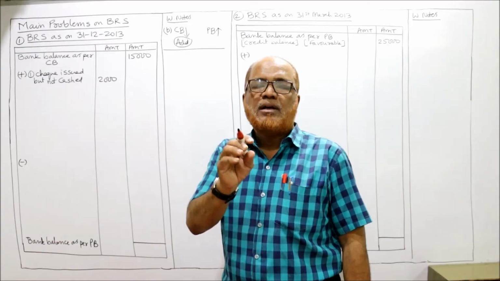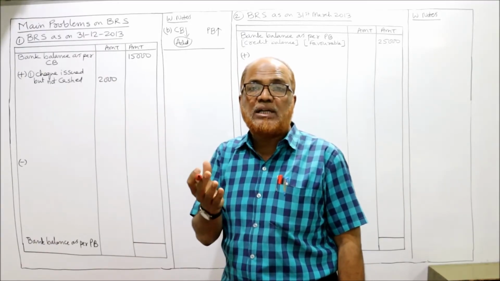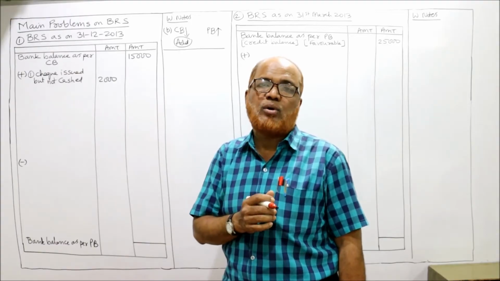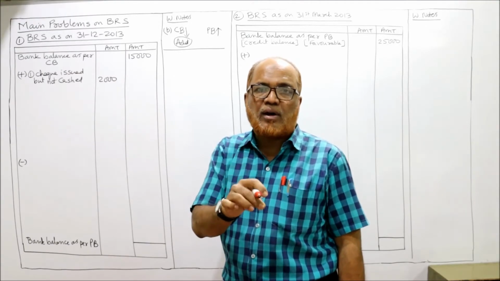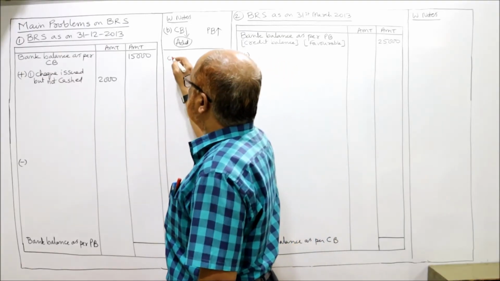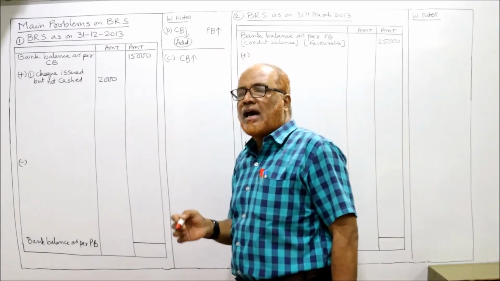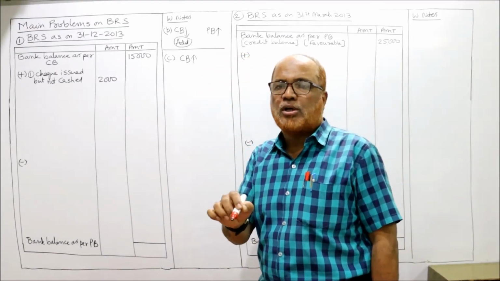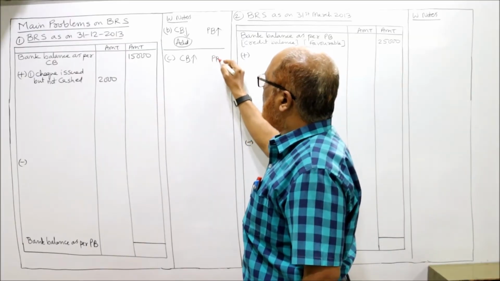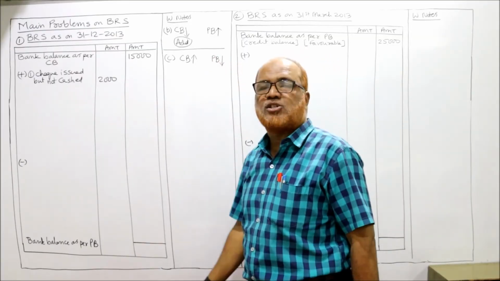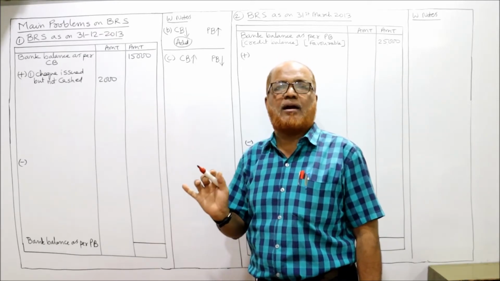But after depositing the checks with the banker, the banker has not yet collected the amount of those checks, not yet credited. So as soon as we record it in our cash book, the cash book balance will increase. We have received the check and entered it in our cash book. So the cash book balance has increased. But the passbook balance is still showing a low balance, because the checks are not collected by the bank.